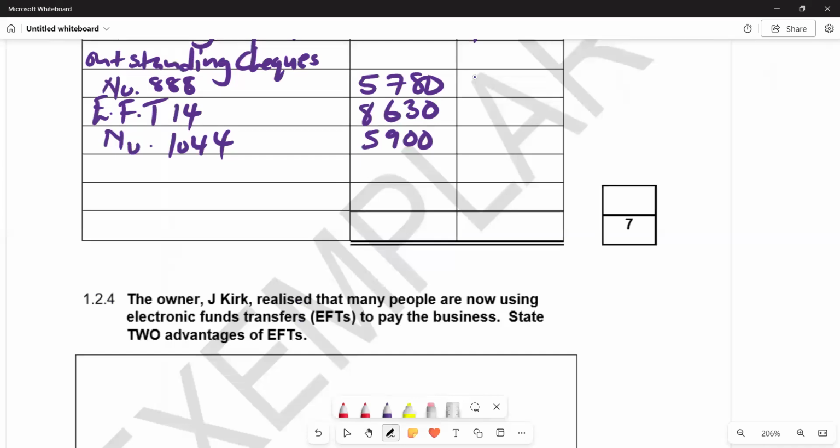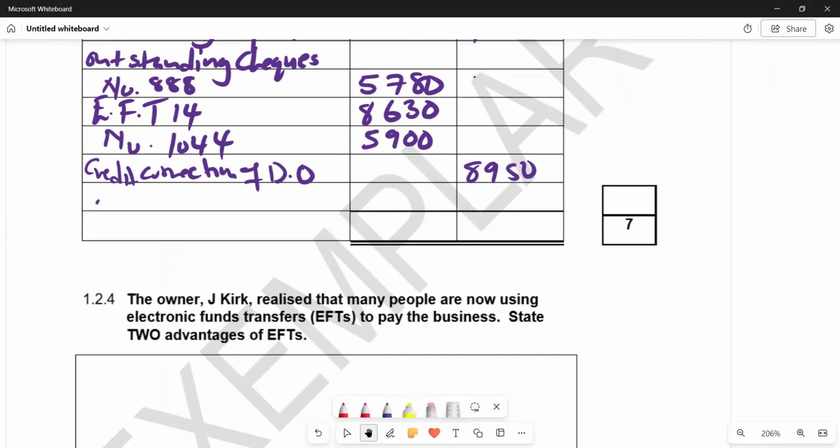Then we are saying credit correction of debit order. So this is what we have, and then the amount that we are having is 8,950.